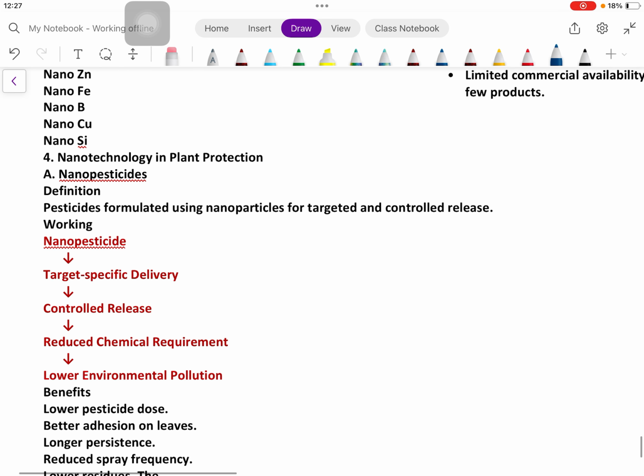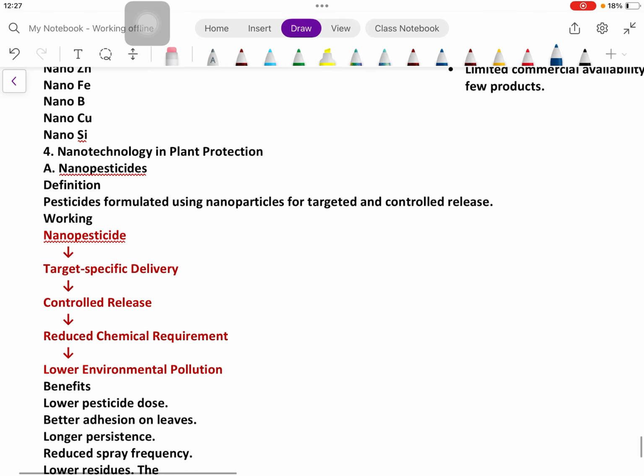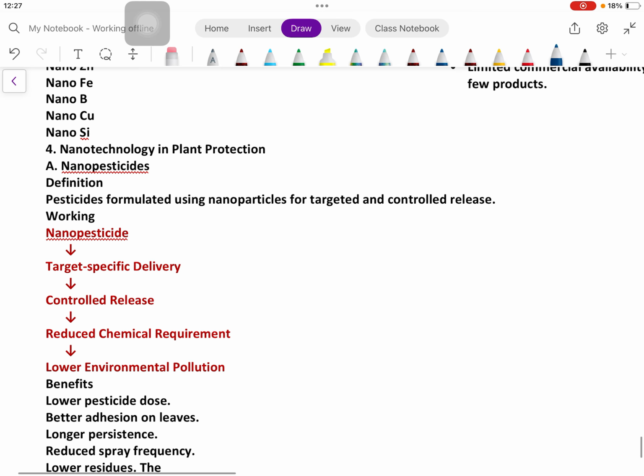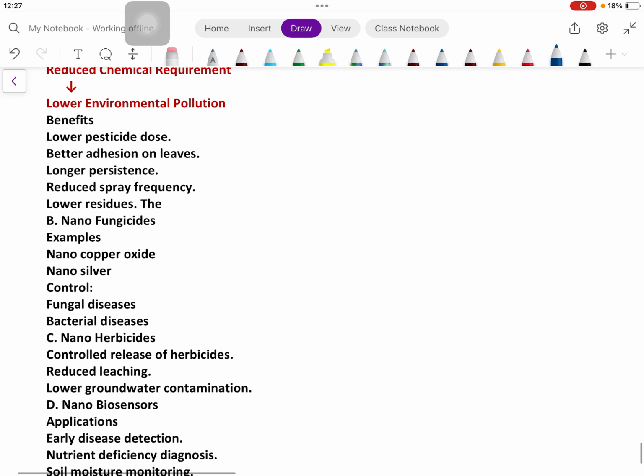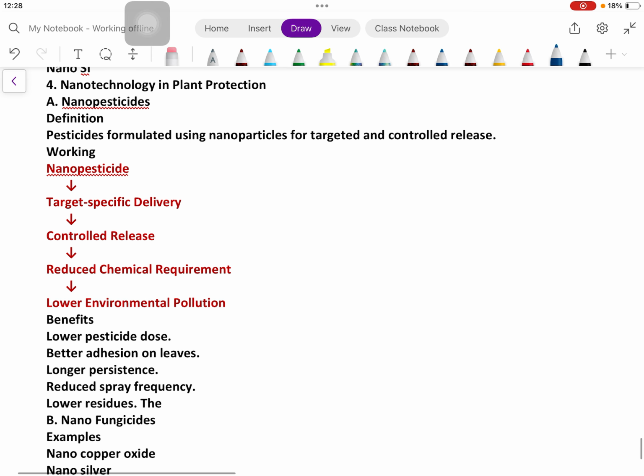Then nanotechnology in plant protection. Plant protection means nano pesticide, nano fungicide, nano herbicide, nano biosensor. The nano pesticide does target specific delivery and controlled release.